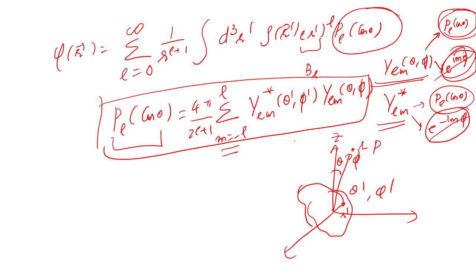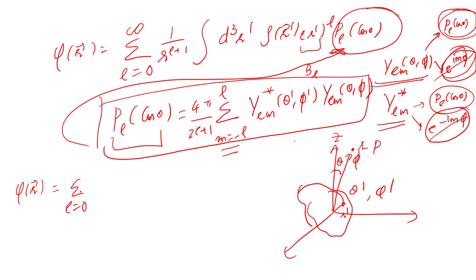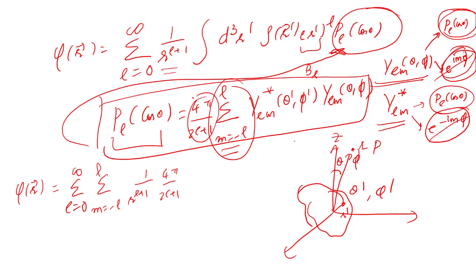I can then plug this into the expression for phi. Phi of r would be a sum over L from 0 to infinity, and now another sum over m from minus L to plus L, with 1 over r^(L+1), and then this factor 4 pi by 2l plus 1, which comes from the linear combination term.